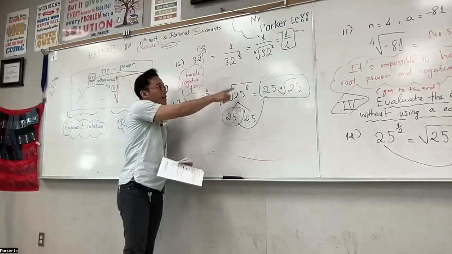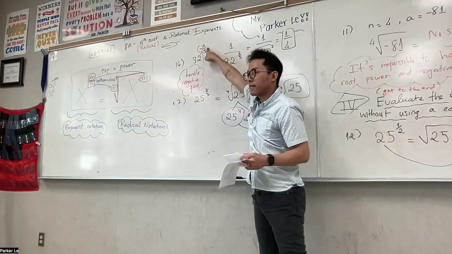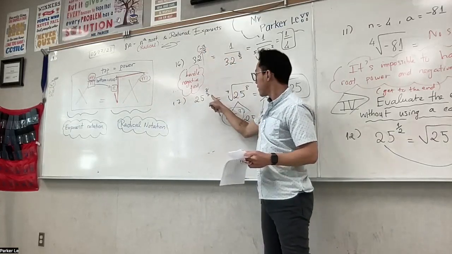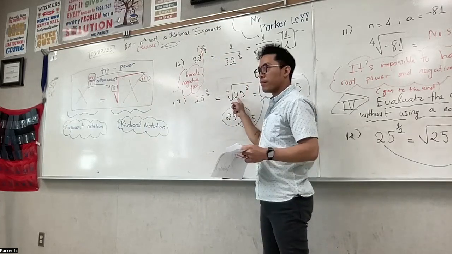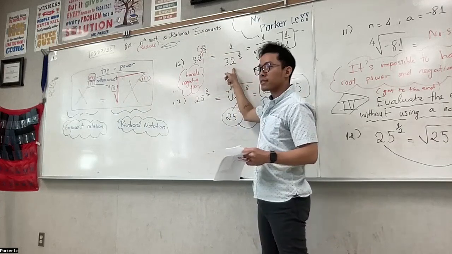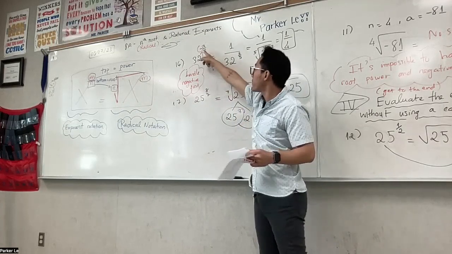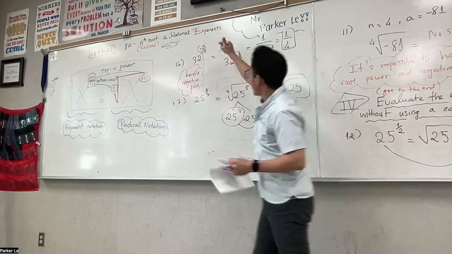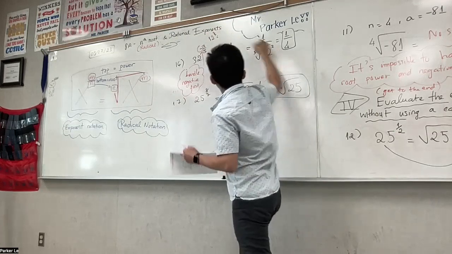Oh, here. If you don't have the negative sign, it's going to be like this. When you have the negative sign, you flip it like this. If you don't have the negative, then you do it like this. Let's say you have it like this, it's just 4.